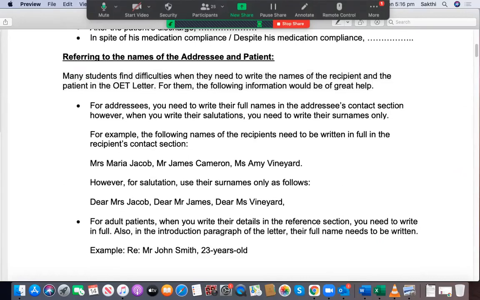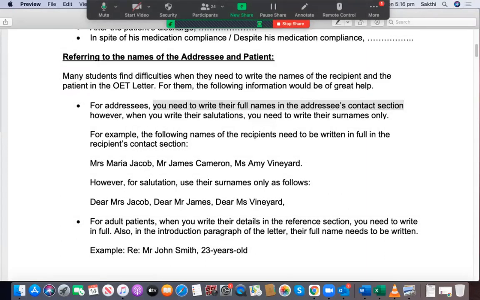Whenever you write down the addressee, you need to write their full name in the addressee's contact section on the top. Once you start a letter, you have to include the addressee's contact details, including the full name, their designation, the name of the organization where they work, and so on. When you write the addressee's name for the first time, you must write it in full.